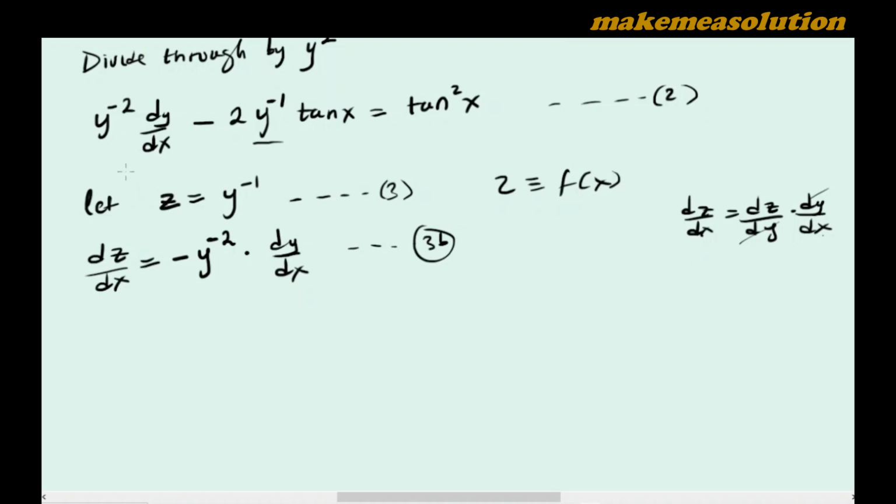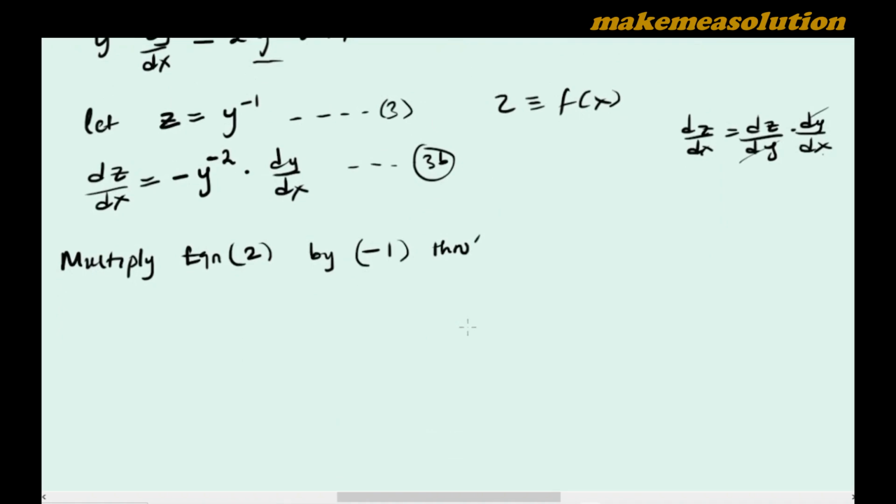The only difference between the first term in equation 2 and equation 3b is the presence of this minus sign, meaning that I can make equation 2 have a first term that looks like equation 3b by multiplying equation 2 by minus 1 throughout.